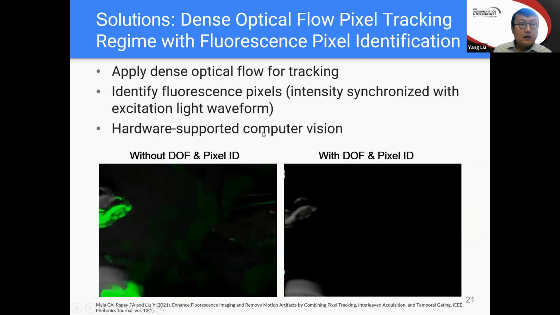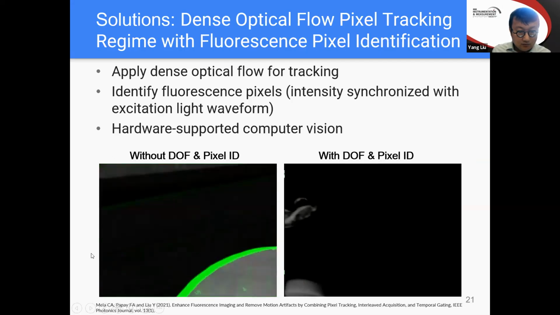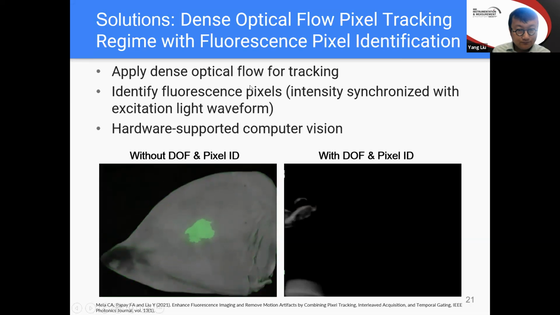That's where computer vision comes in. In this particular example, we actually combine dense optical flow with the interleaved acquisition to track the pixels. This way we can identify the fluorescent pixels.